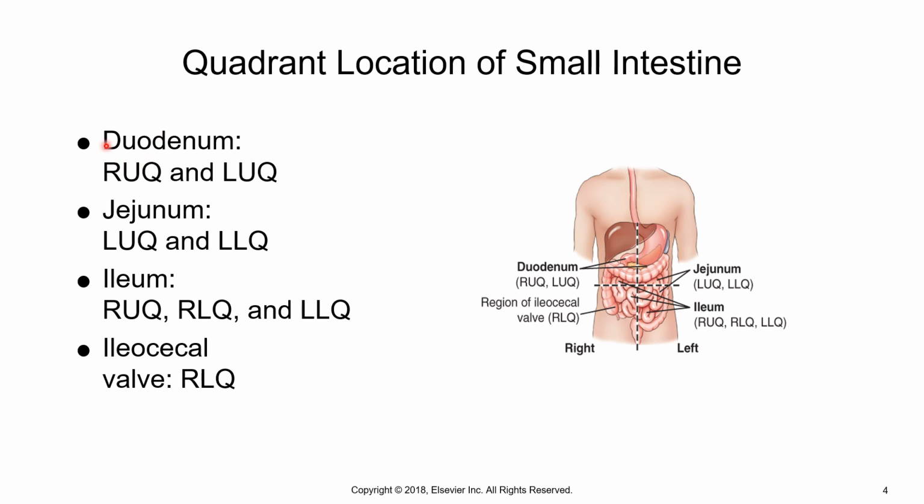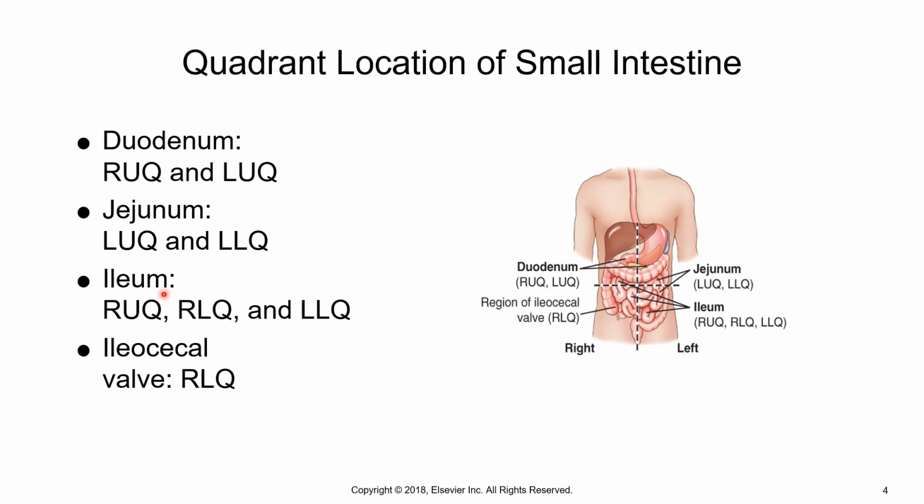So the duodenum is the shortest and widest segment. It's about 10 inches in length. The jejunum makes up 2/5 of the small intestine, and it has the little villi in there that appear feathery or like pillow stuffing.